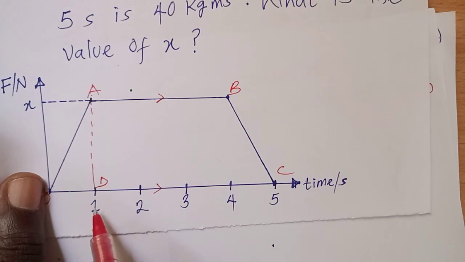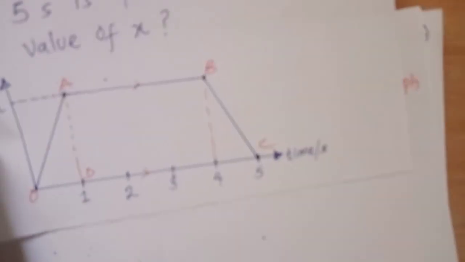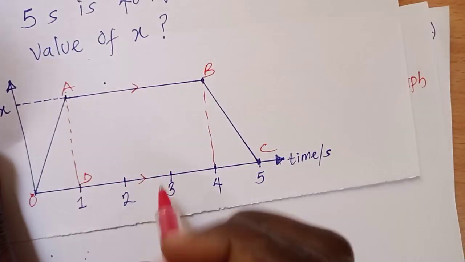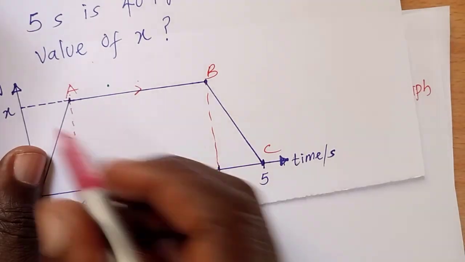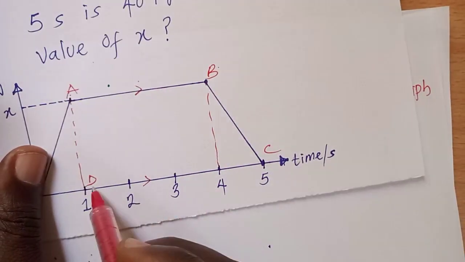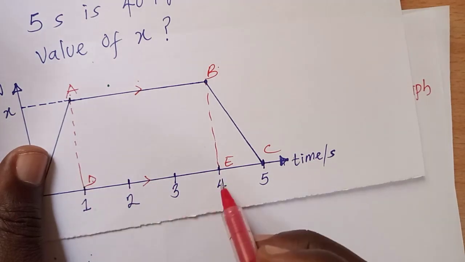How can I do that? I draw a line here, so I get the two opposite sides are equal. So to get this AB, I will just get my DE, calling this E.